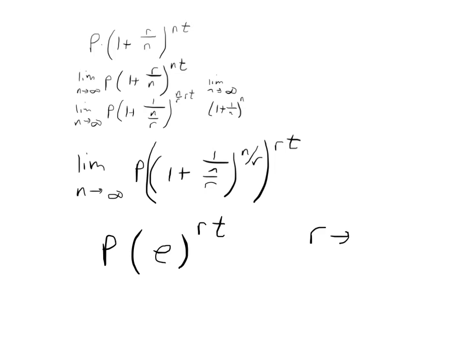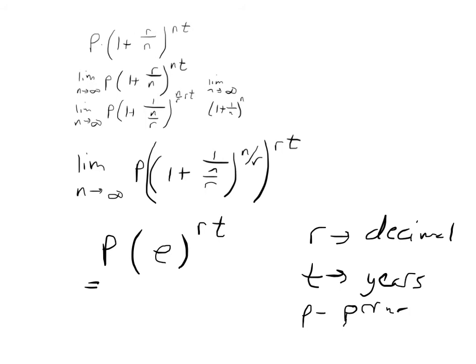So make sure you write the rate as a decimal, and t is always years in this formula. P is your principal, the amount you initially invest. It's called continuous compounding because you've let your number of compoundings head toward infinity. So that means basically your money is earning interest, albeit a tiny amount, every instant that it's invested.